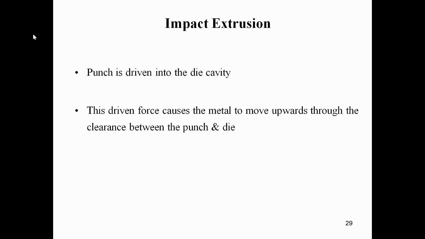Heavy force or high pressure is applied by the ram to drive the billet into the die cavity. This driving force causes the metal to move upwards through the clearance between the punch and the die.